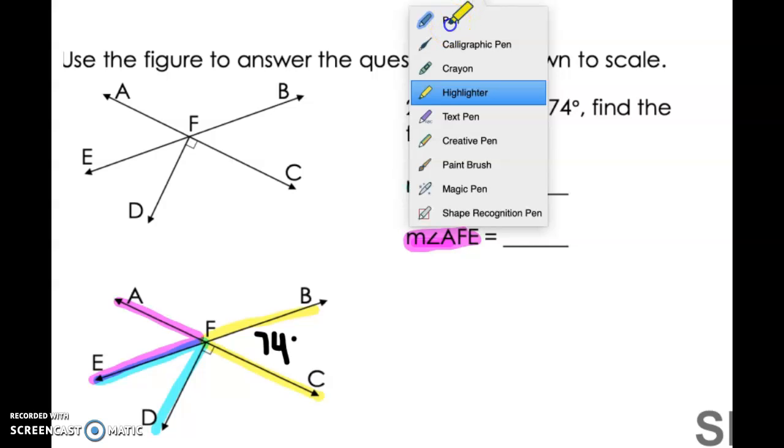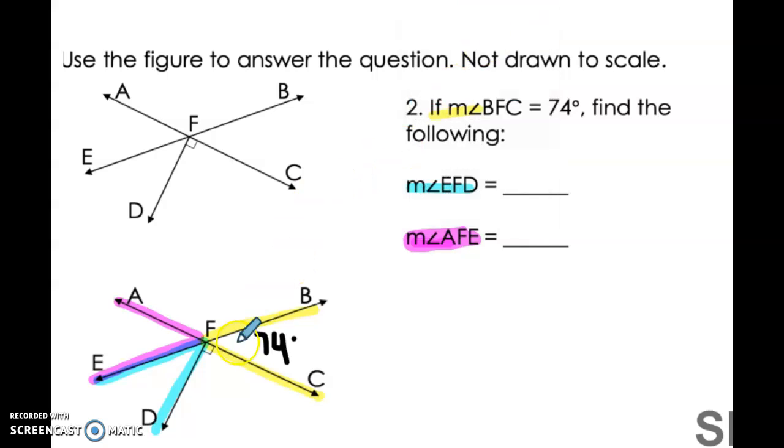They are across from each other, they share a vertex, they are vertical angles, which means they are congruent. So if the measure of angle BFC is 74 degrees, the measure of angle AFE is also 74 degrees. So we found that one.